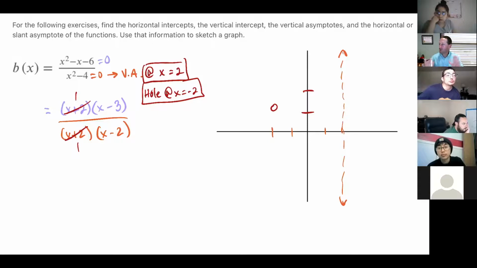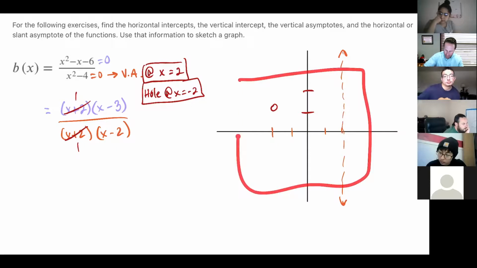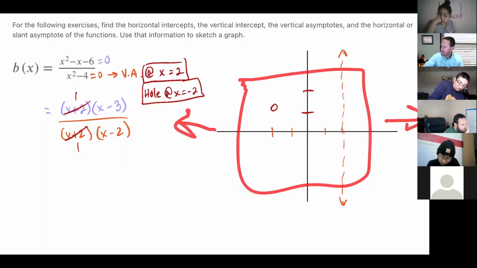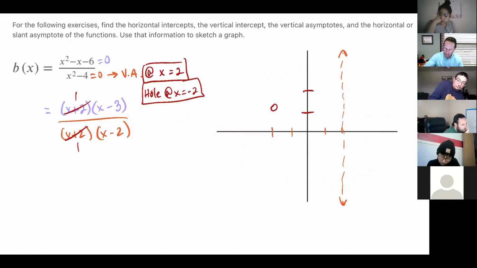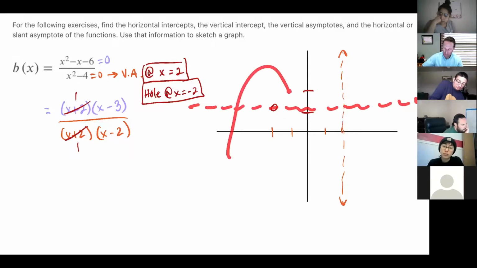When our x values approach positive or negative infinity. So guys, there's one thing you need to know about horizontal asymptotes. They only apply to the extremes. They do not apply to our little graph right here. This little window of the graph that we're making. We're talking all the way out there. So please, please, please do not put your horizontal asymptote all the way through the graph. Because guess what? You can cross through this, whatever it looks like.